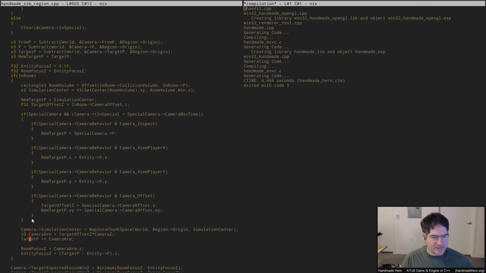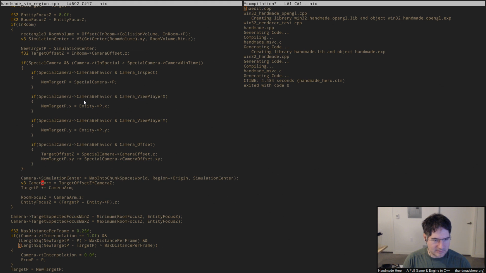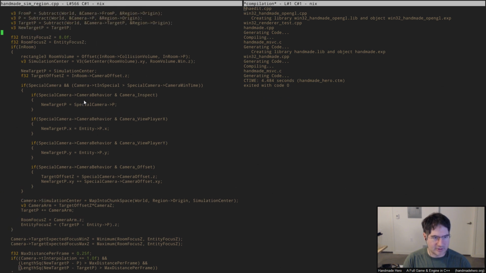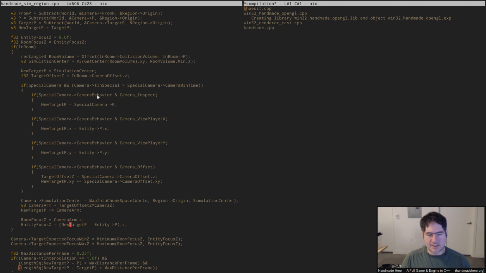So setting the new target P, I missed one. Looks like you can see the target P down there. I don't know what I did there accidentally when I was replacing that. I just didn't go far enough. So that's the problem.